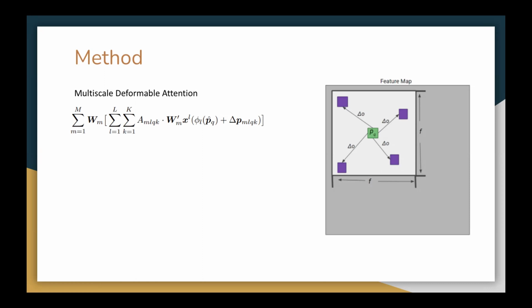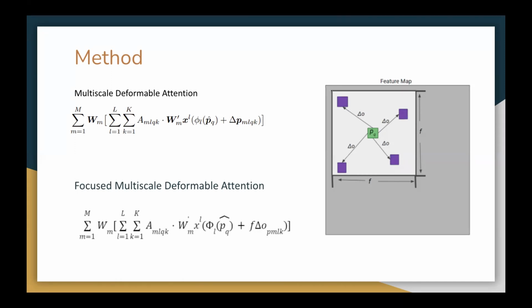So with regular multi-scale deformable attention, we take our reference point and we apply an offset to get some point somewhere on the feature map. But with our focused multi-scale deformable attention, we were hoping that by restricting the area to a limited range, we would only focus on features that were relevant to small cells. And this would avoid long training times where we're paying attention to features far away and we slowly have to learn to look closer.